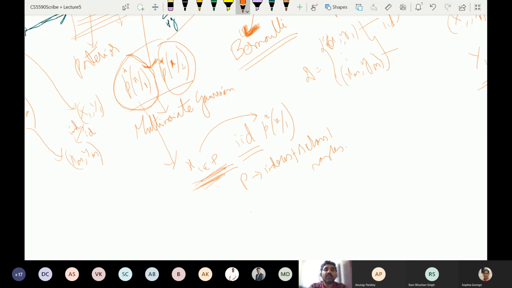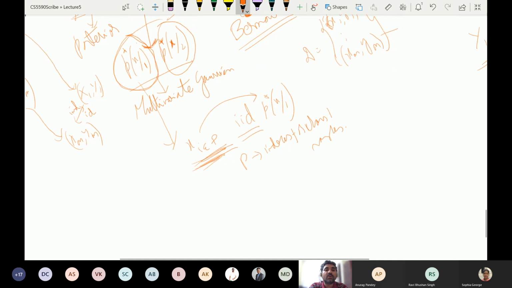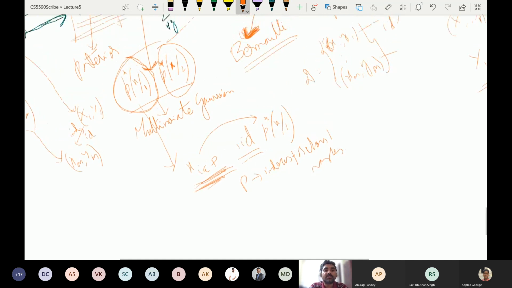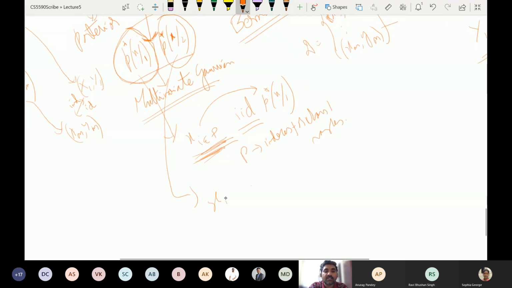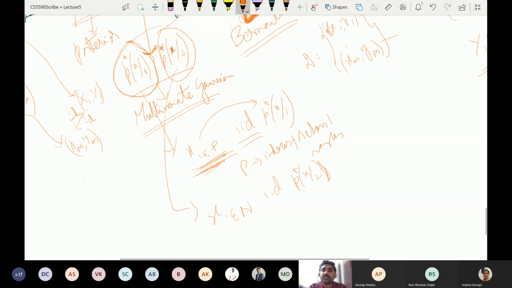So if you know this, you know already how to estimate the multivariate Gaussian. Similarly, you will take only the points from the negative class, or whatever the second class, and they will be IID samples from P star of x given 2. So go home and try to show these exercises.